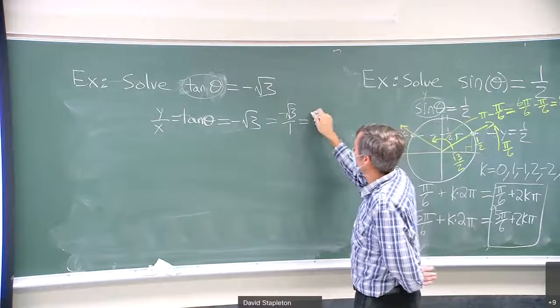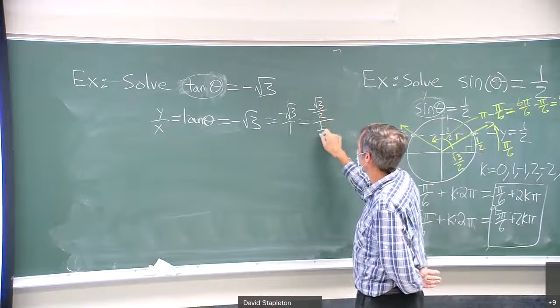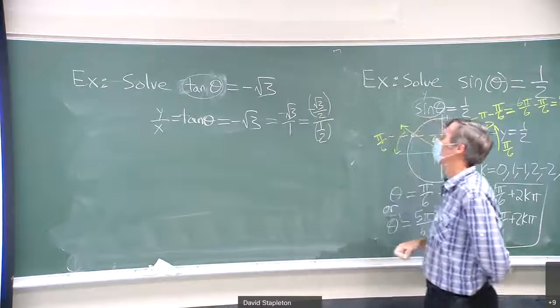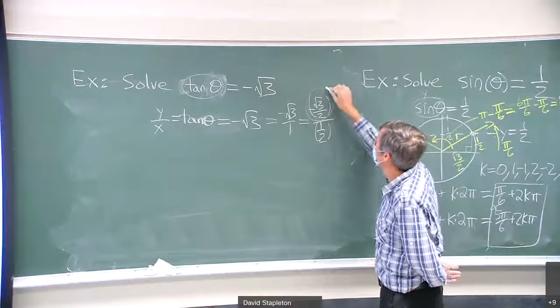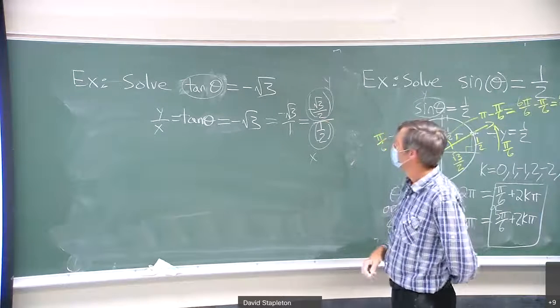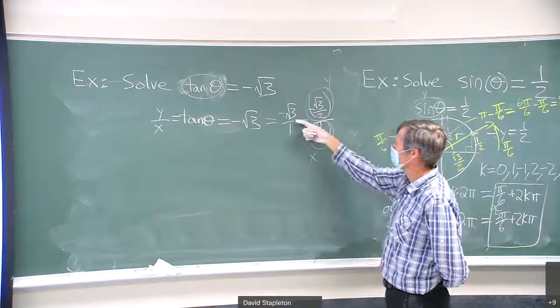Do this, divide both of them by 2. This is the same as the ratio minus square root of 3 over 2 over half, right? But this, by memory, is a point on the unit circle. Now I can treat this as y, and this is x, a point on the unit circle. But there's a trick here. What's another ratio that's equal to this?